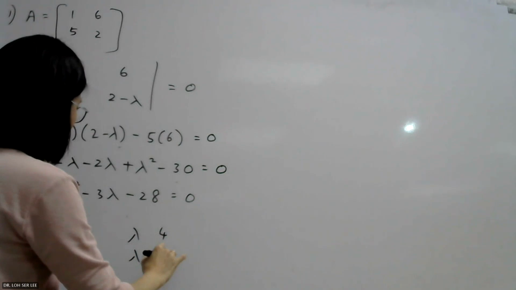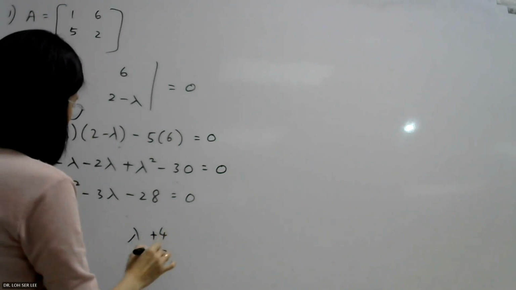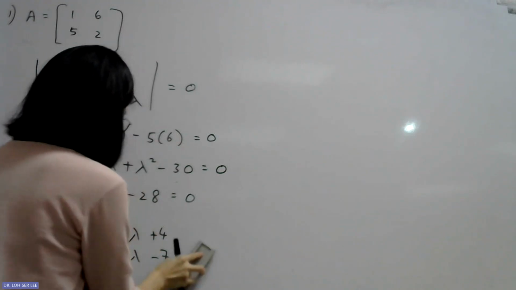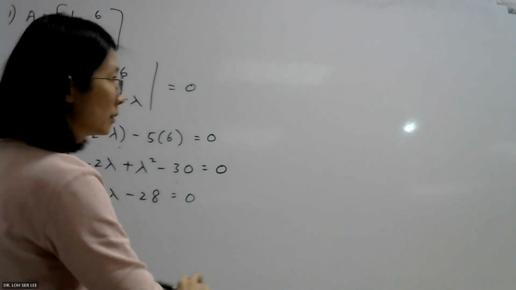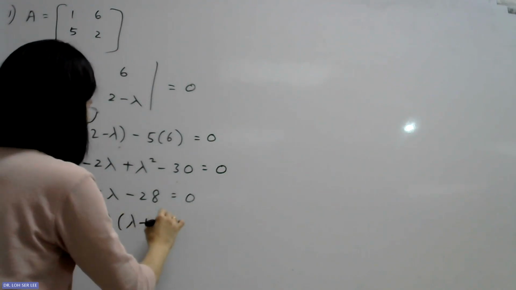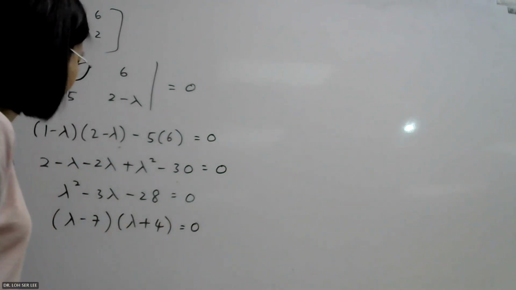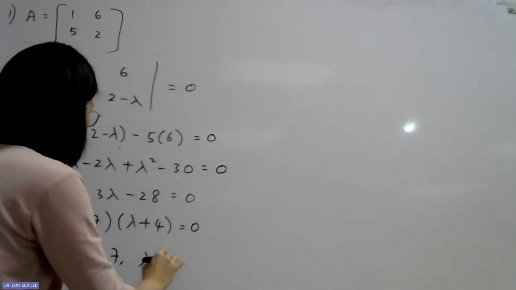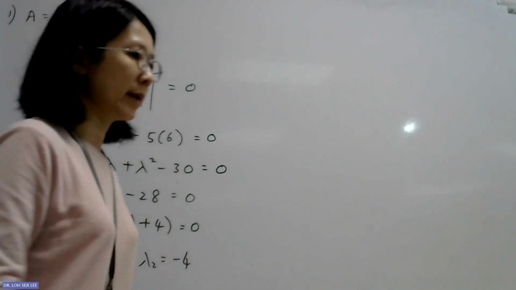Factorize: lambda minus 7, lambda plus 4. So your lambda 1 is 7, lambda 2 is negative 4.